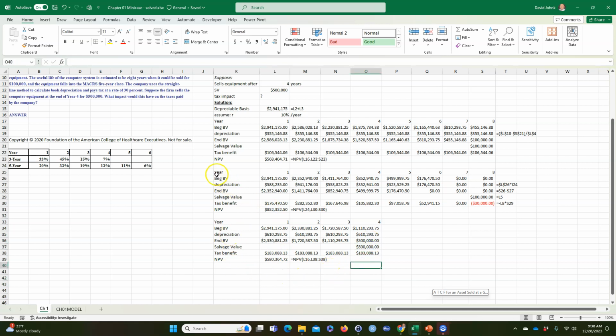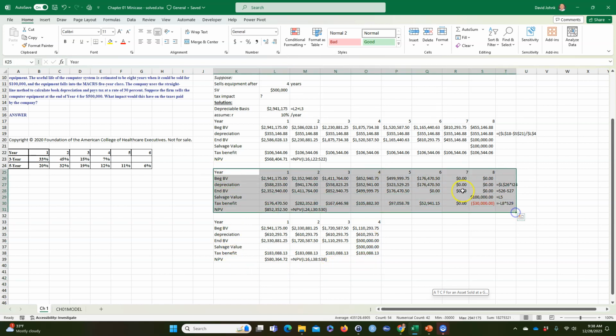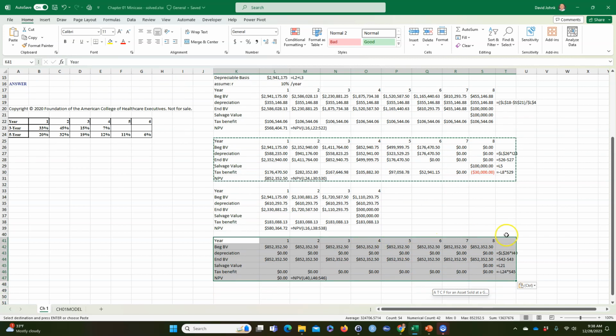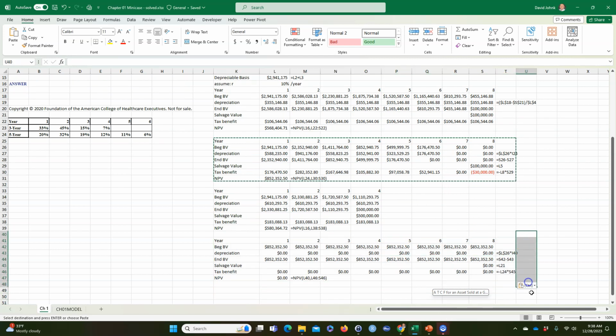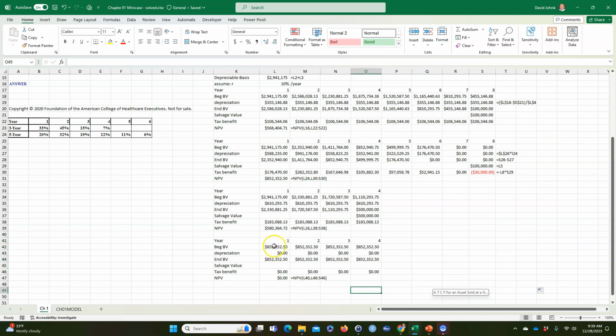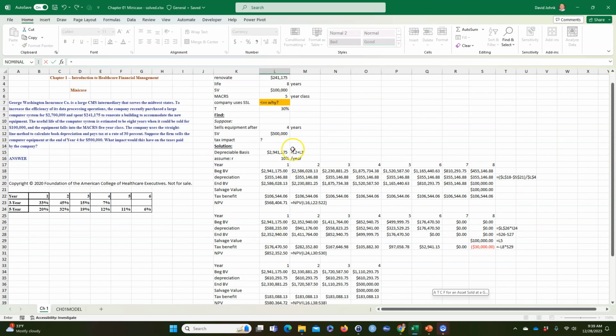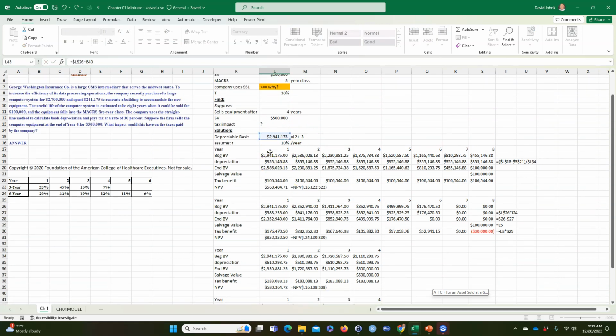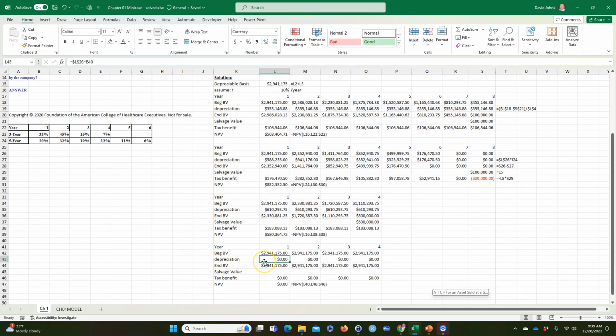So now let's do it with the MACRS. Let me copy this down. And again, I'm going to copy blanks over this. We're only going out to 4 years now. So again, the beginning is going to be equal to my depreciable basis. And this depreciation is going to be equal to my depreciable basis.